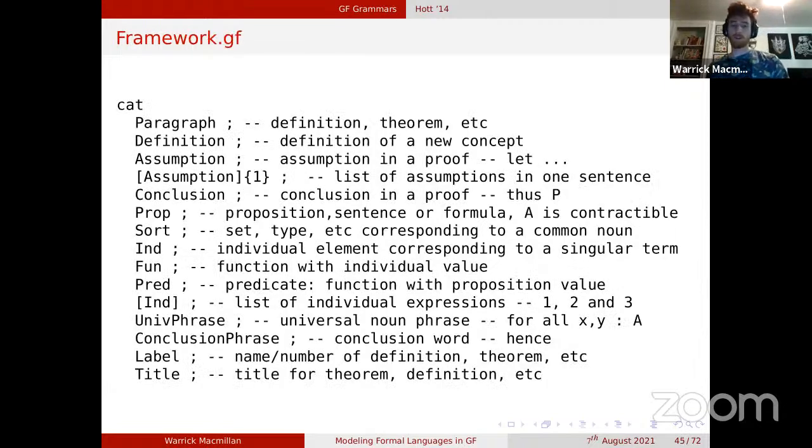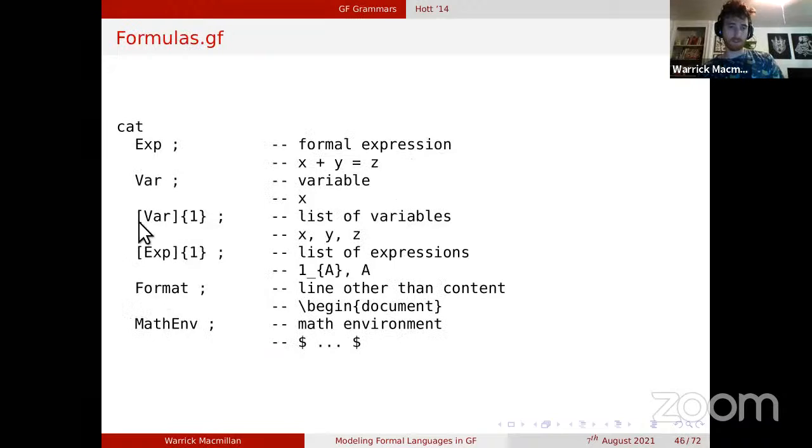So these are just all the categories, which shows that it's not a trivial domain in some sense. A lot of these categories might confuse you because you're like, well, what is a sort versus a proposition versus a predicate versus an expression?